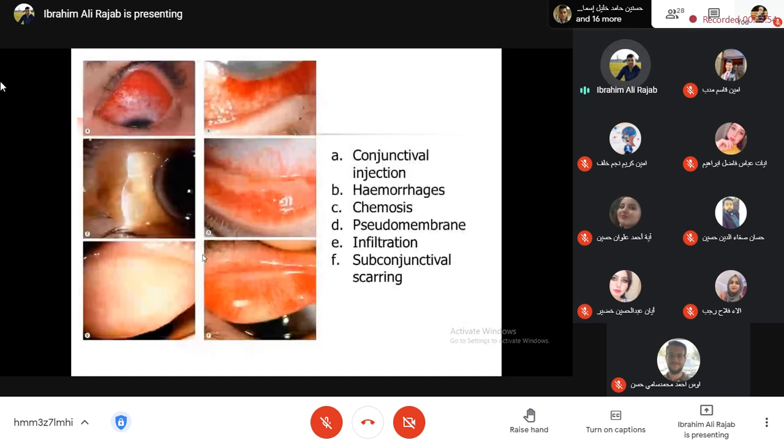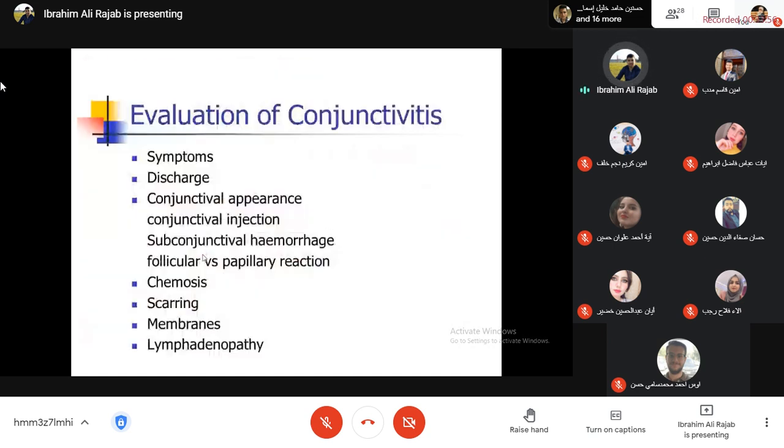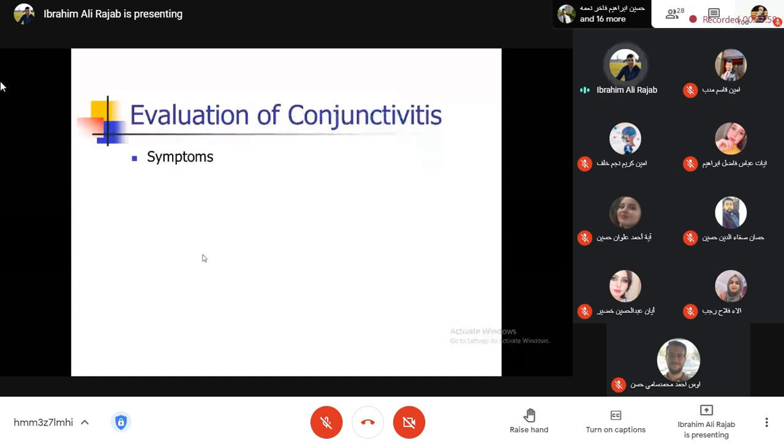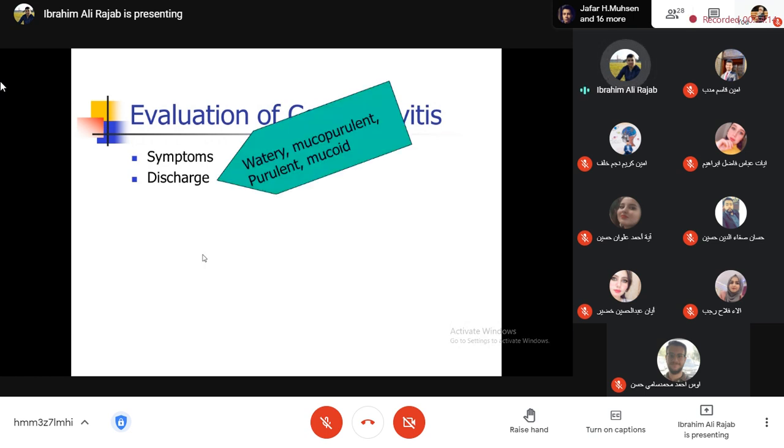So how do I know that the patient has viral conjunctivitis? Because I collect the symptoms. The patient has red eye, no blurred vision and minimal discomfort. I will go to the cause of red eye, no blurred vision, and minimal discomfort. Then I should know the type of the discharge. As I said, it is watery.